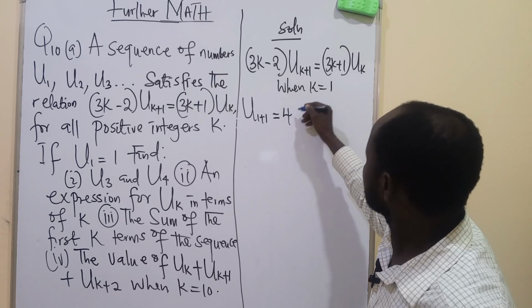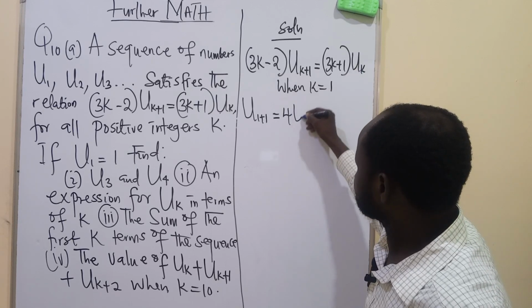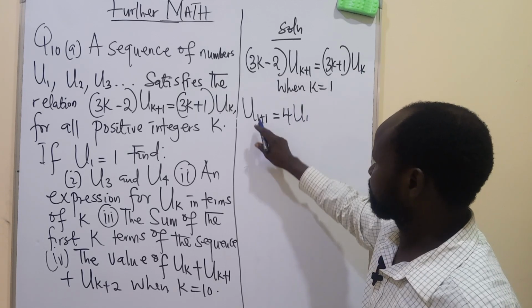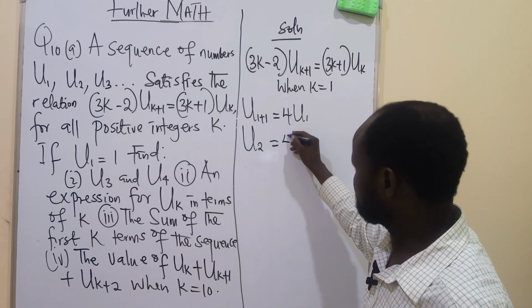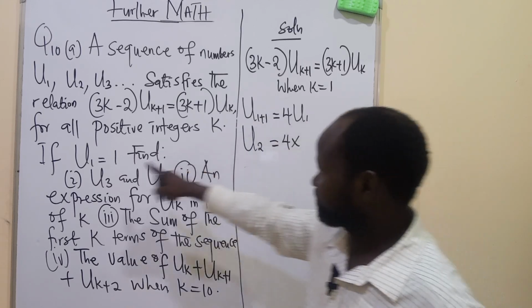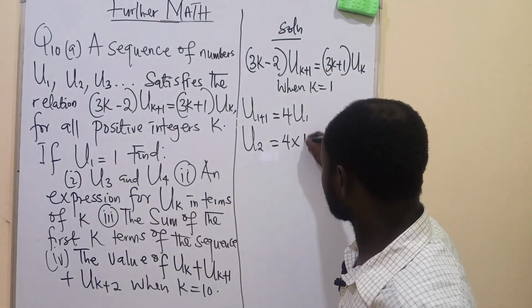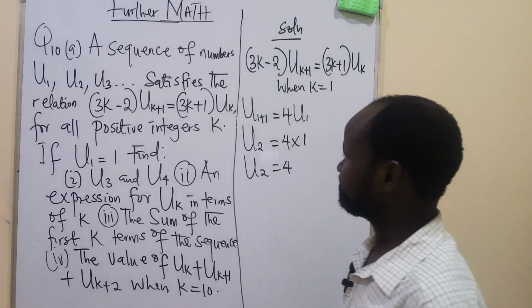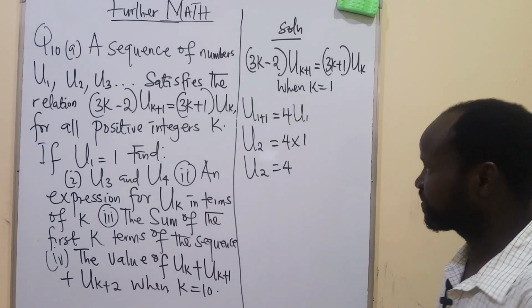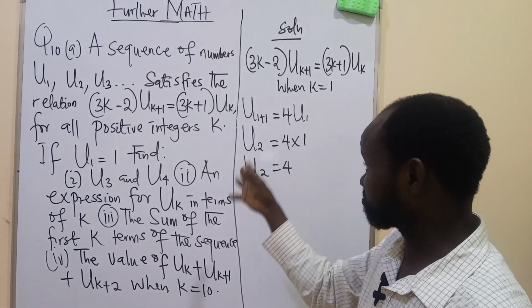That will be 4 times U1. So we have the second term now equal to 4 times the first term, which from the question is 1. So we can put 1 here. It means the second term is equal to 4, and the first term is equal to 1.